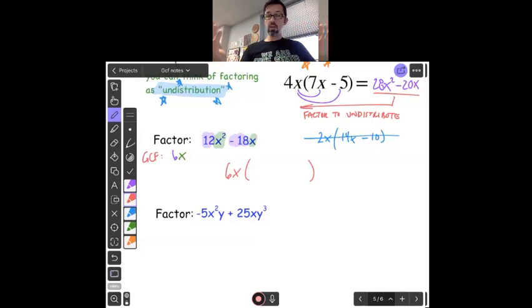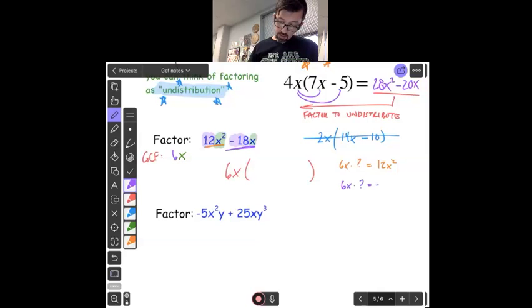And the thinking you guys need to be doing in order to answer that question is say 6x times what is 12x squared? Okay, and then 6x times what is negative 18x. Okay, so when we answer those two questions, that's what goes here and here.